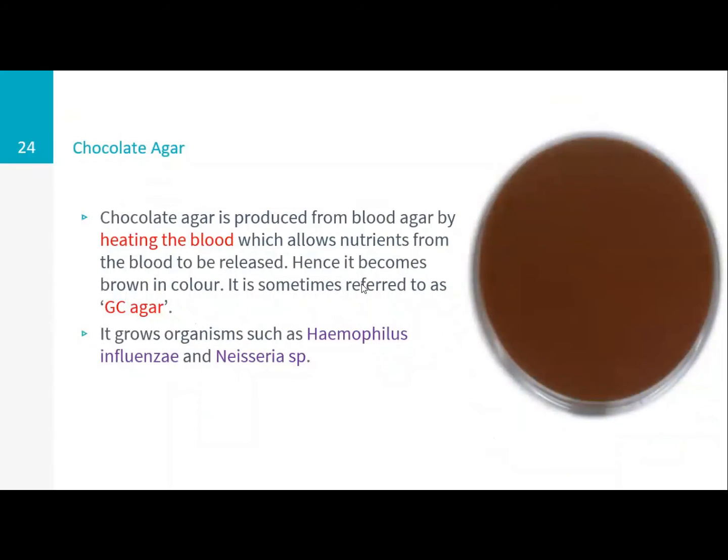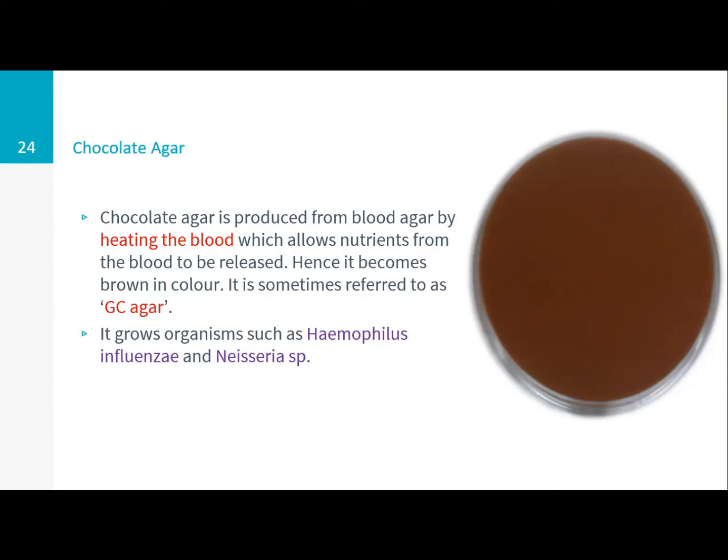So the chocolate agar now. The thing with the chocolate agar is that it is really and truly just blood agar that is actually heated. And there's a reason for this, as we'll see in subsequent slides when we get to know the full reasoning behind it. So it's actually heated so that particular nutrients can be exuded from the blood so that they can be within that environment. So the organisms can now take it up.